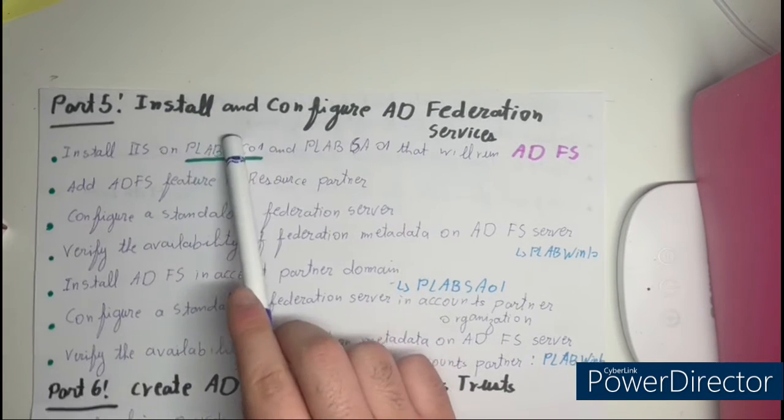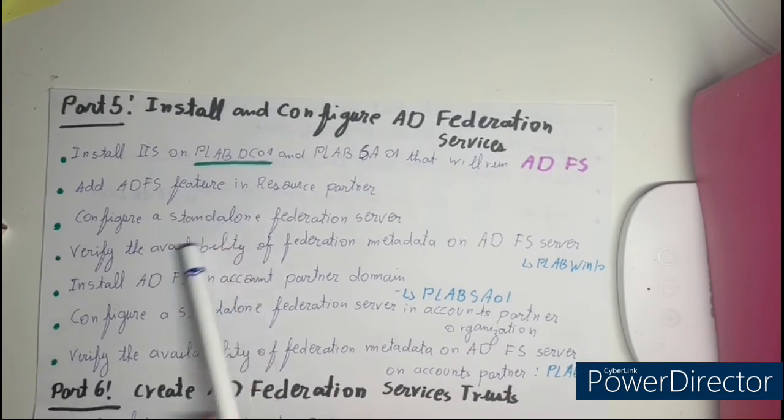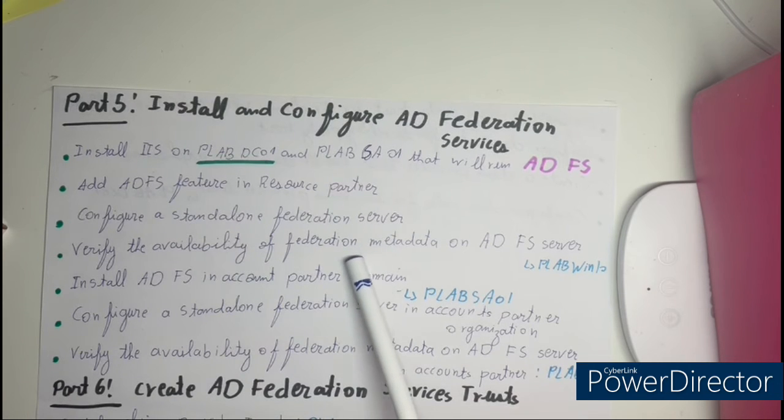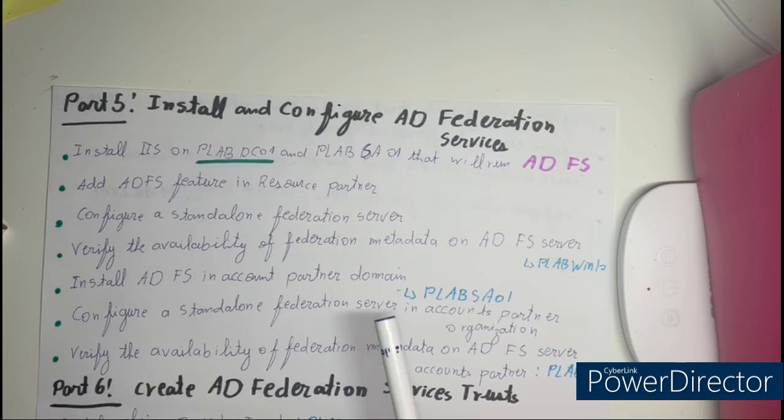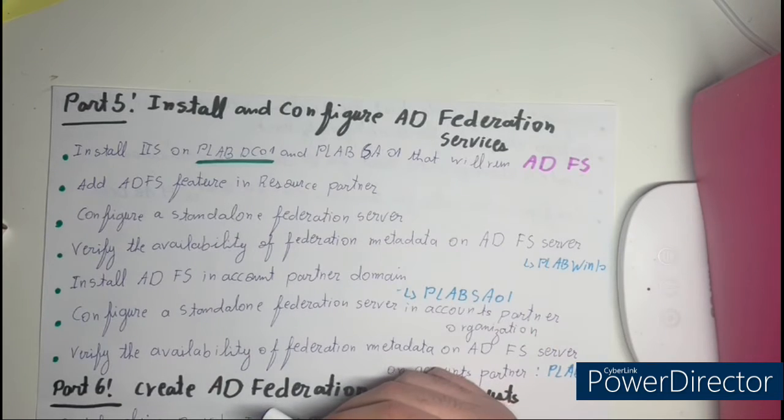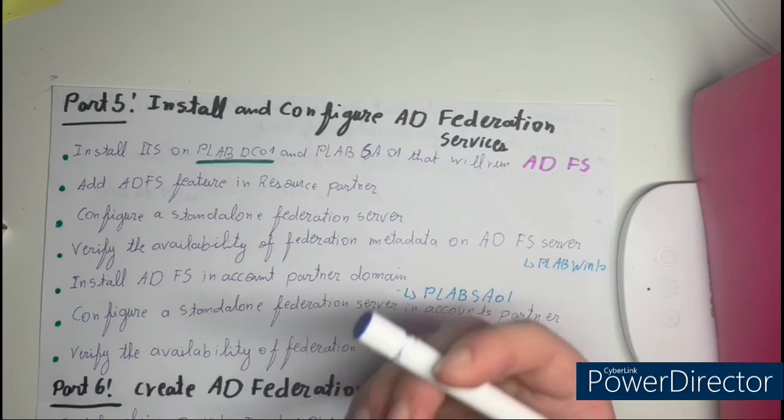After finishing these three steps, we will verify the availability of the federation metadata on the ADFS server within the plub Win10. What I mean by metadata is that there are two types of data. There is the normal data that you can see. For example, when I send you a message, you will see the message, but you cannot see the backend data, I mean the whole configuration and information that is not necessary for users to know.